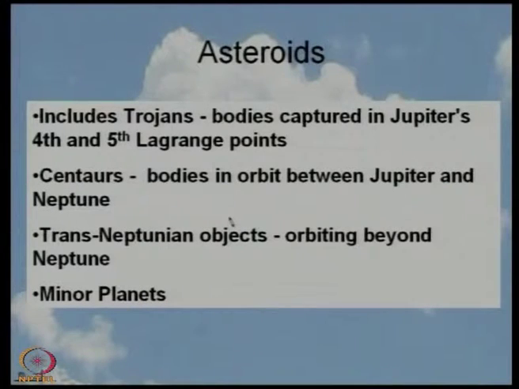These Trojan asteroids are in orbit around the Sun at the equilibrium Lagrange points of the Sun and Jupiter. Okay, so you consider the Sun and Jupiter as the 2 objects, and the Lagrange points of this. This will have 2 Lagrange points which are stable, and you find asteroids located at these Lagrange points. Okay, these are called the Trojan asteroids.